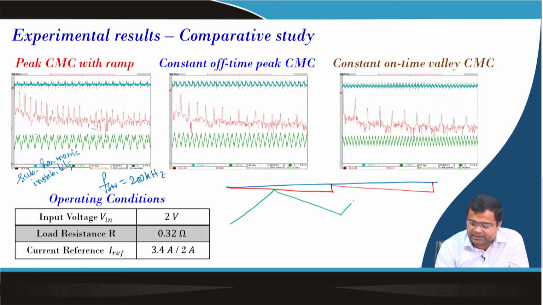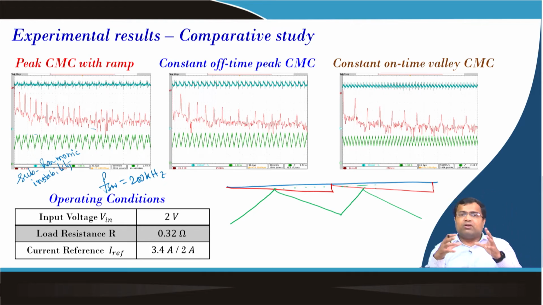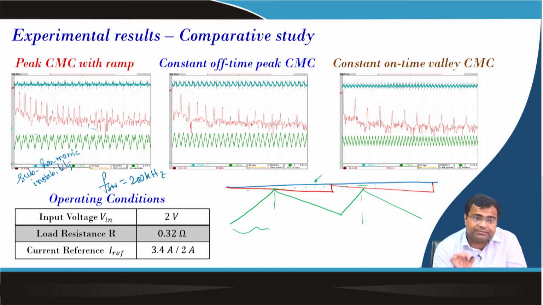Since these two points are different, the subsequent points, one is higher, one is lower, because of the ramp. If the hitting point, that means its timing, is different, then naturally these values will be different, and as a result the effective peaks of the inductor currents are different. Even though you set a reference current, this is because of using this ramp.